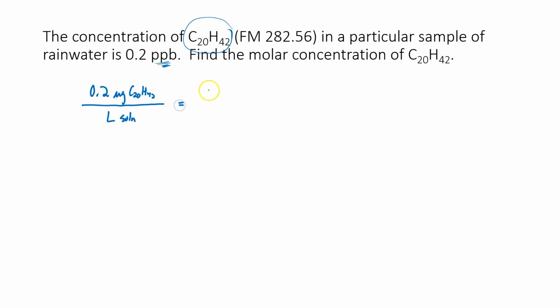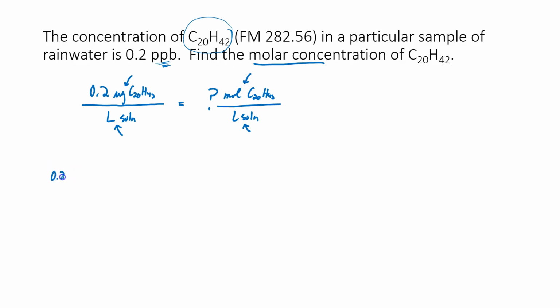So they want to know what is the molar concentration. So molarity is moles of alkane for every liter of solution. And much like the previous problem, it seems like I don't have to do any work to convert the denominator. All the work is upstairs. And I think we can handle this.